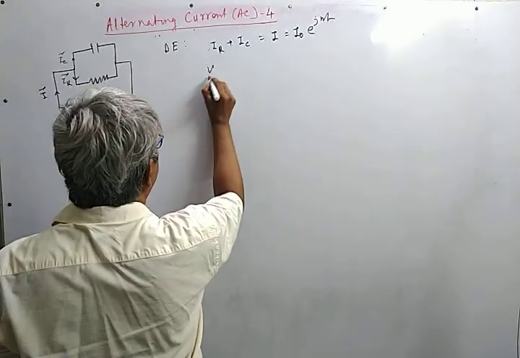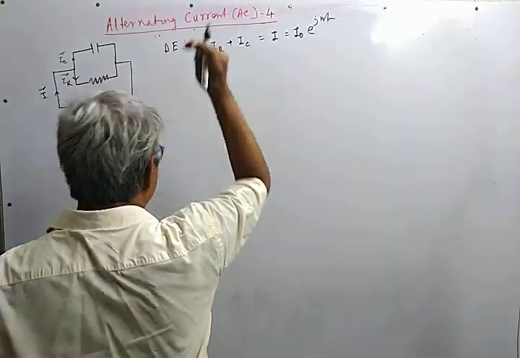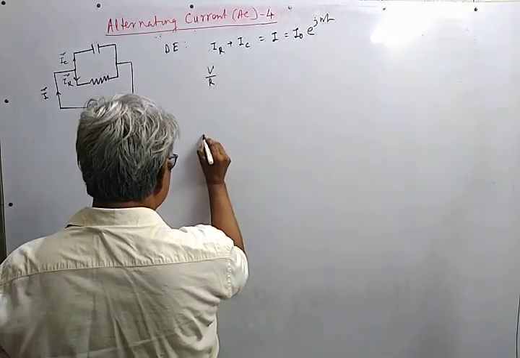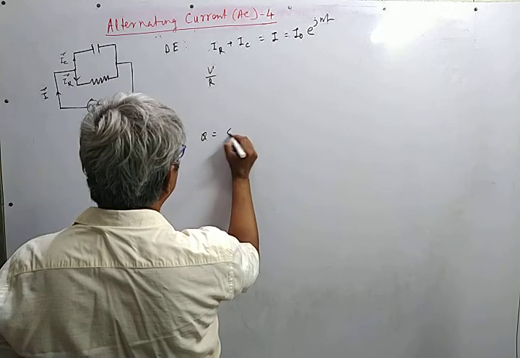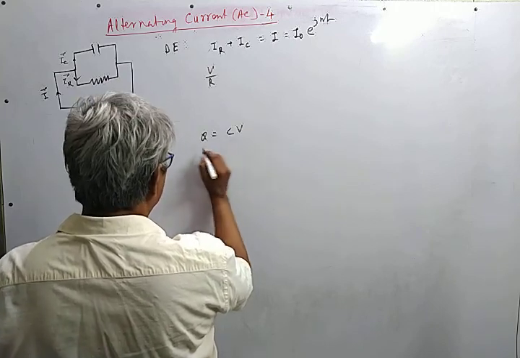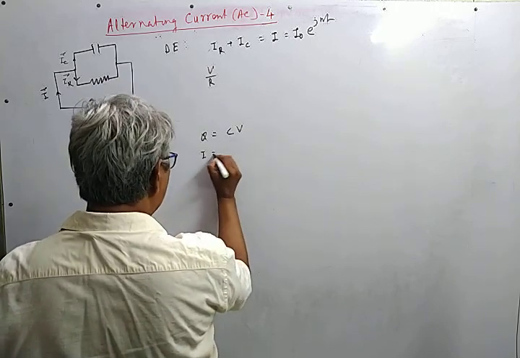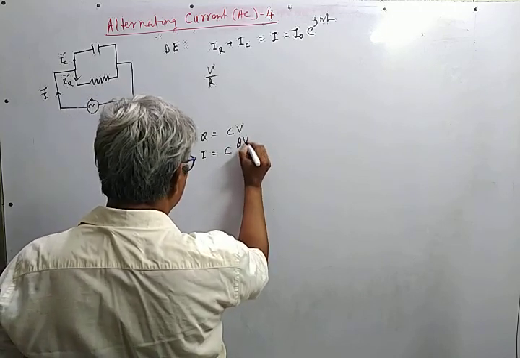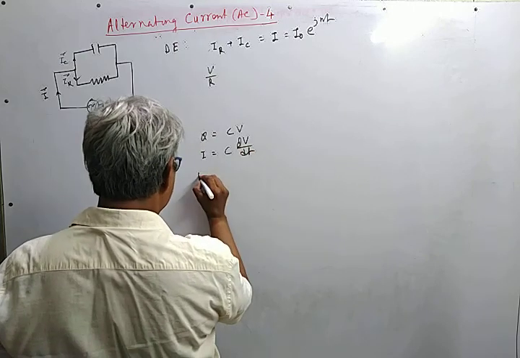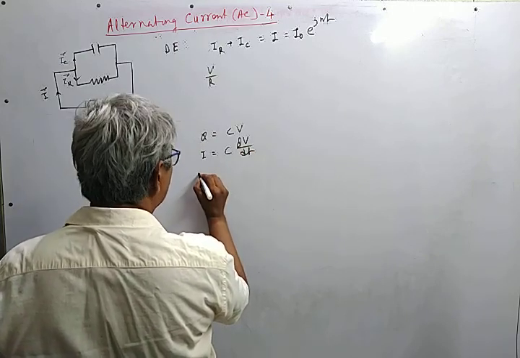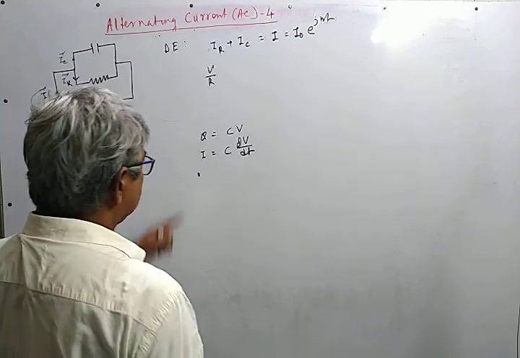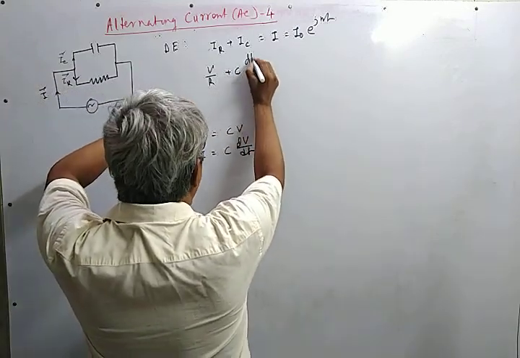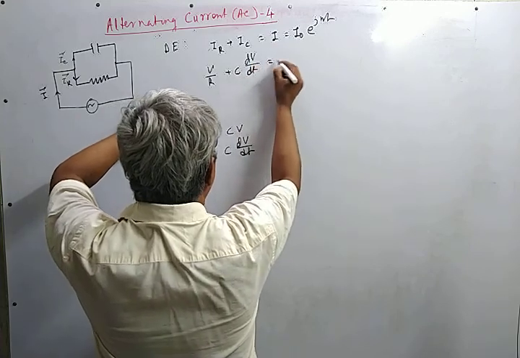IR is V by R, and for IC, we know that in a capacitor Q is equal to CV, so IC is C dV/dt.